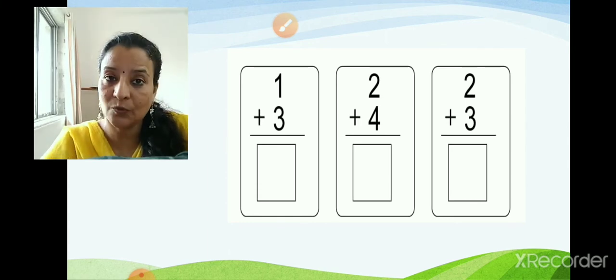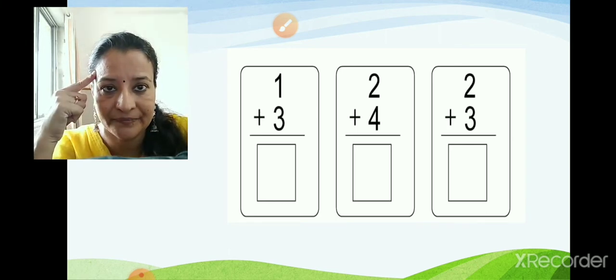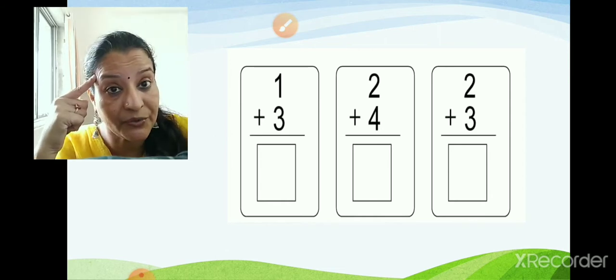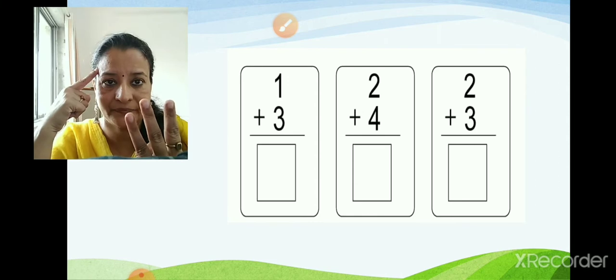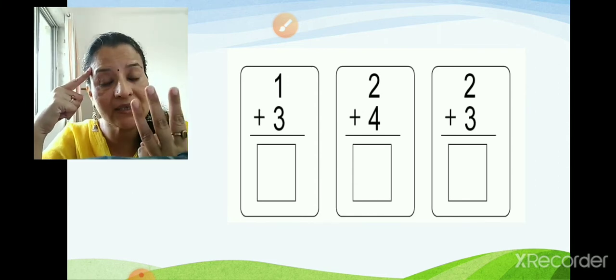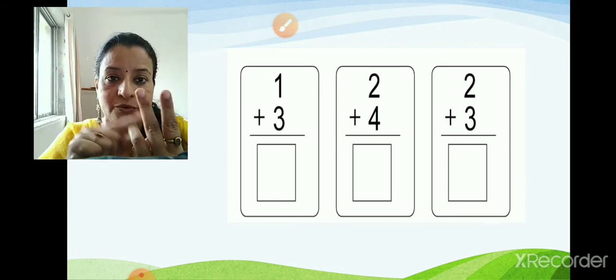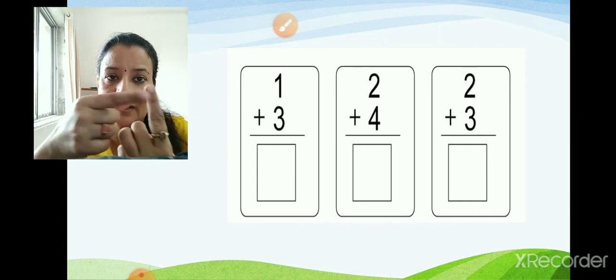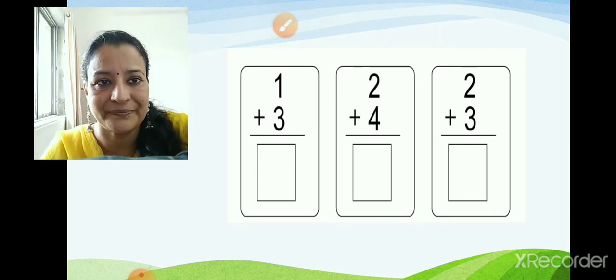Yes? So what do you do? The first number is 1. 1 in my head. And second number 3. 3 in my hand. 1 in my head. 3 fingers up. 1, 2, 3, 4. Answer is 4.